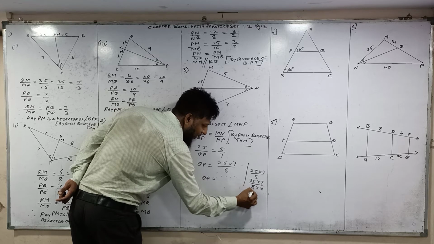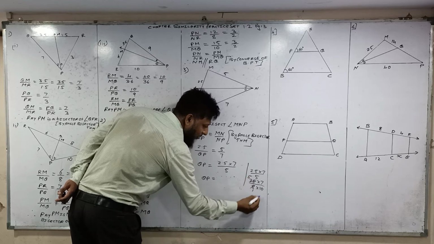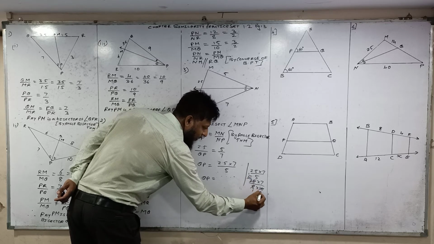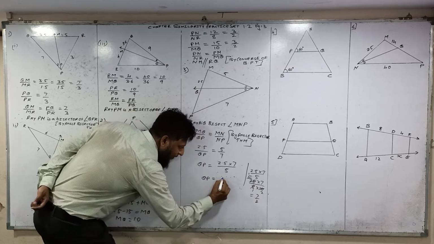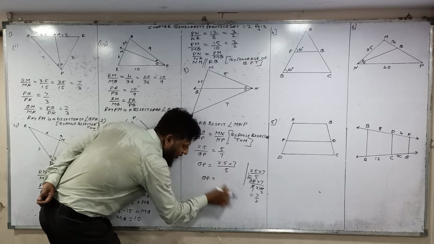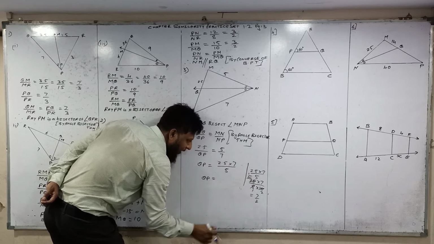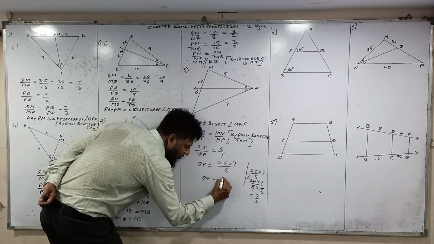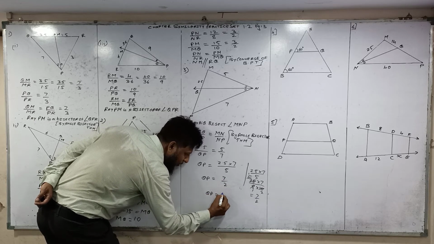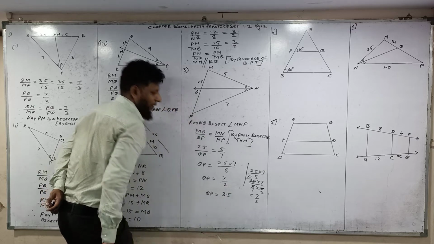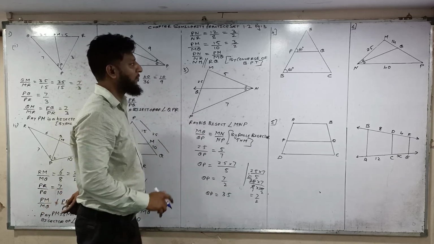Now cancel this. 5 ones are 5, 5 twos are 10. So 7 upon 2, and after dividing 7 upon 2 you will get 3.5. So draw a rough diagram on the side and do the cancellation. Okay, so the third sum is finished.